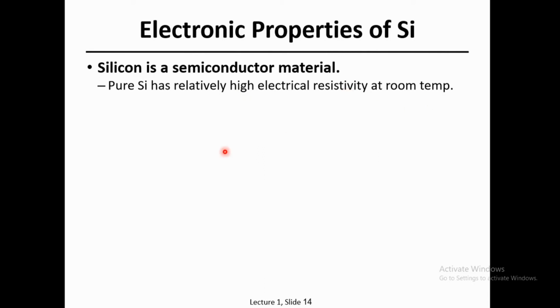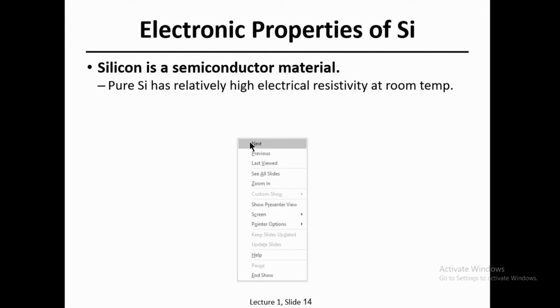That's why you will find in electronic devices such as the diode and the bipolar junction transistor, as well as the field effect transistor, on any IC chips you will use, they use the silicon material, since the silicon material has a high electrical resistivity. So it does not get affected with the temperature if we are at room temperature. Of course, at a higher temperature, things change.